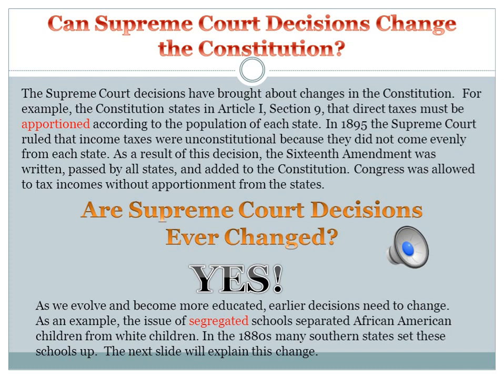But then, whoa. In 1895, the Supreme Court ruled that income taxes were unconstitutional because they did not come evenly from each state. Because everyone makes money differently in each state, as a result of this decision, the 16th Amendment was written, passed by all states, and added to the Constitution. So Congress was allowed to tax incomes without apportionment from the states.